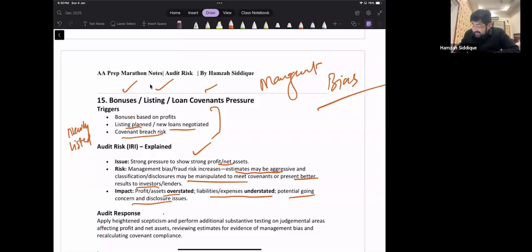So apply heightened skepticism. Perform additional substantive tests on judgmental areas affecting profits and net assets. Review estimates and recalculate covenants if there are covenants.